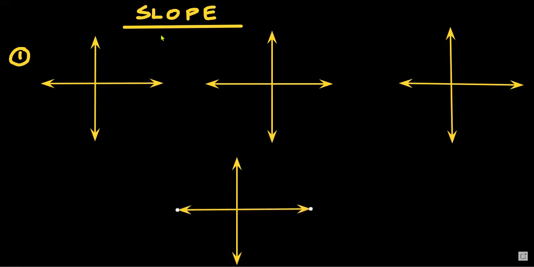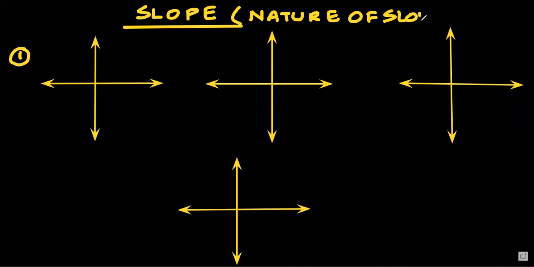You can give the heading as nature of slope. Nature of slope means the slope is positive, negative, infinity, or 0. There are 4 kinds of slopes: positive slope, negative slope, infinite slope, and 0 slope.